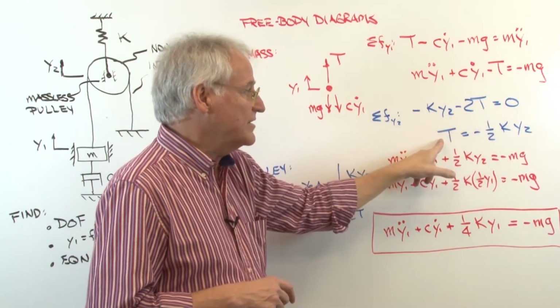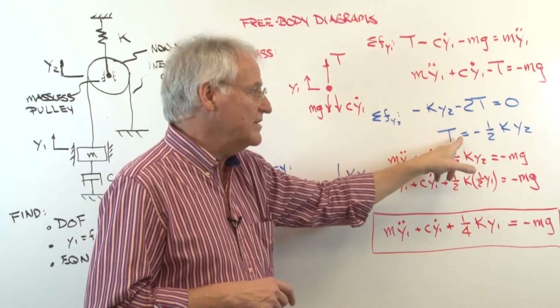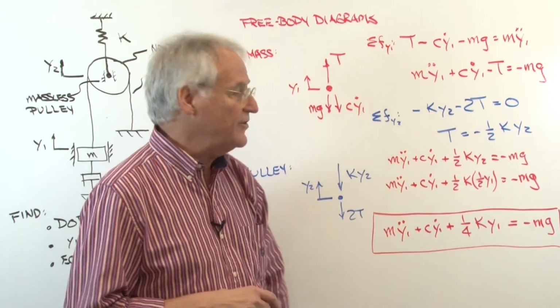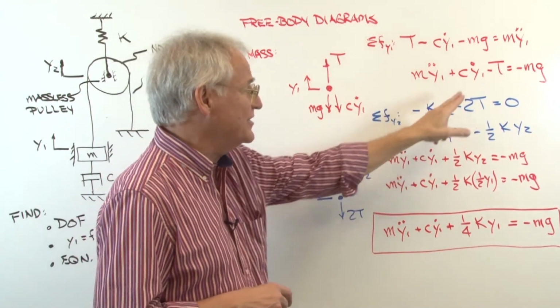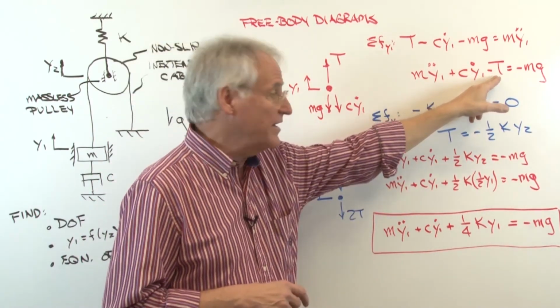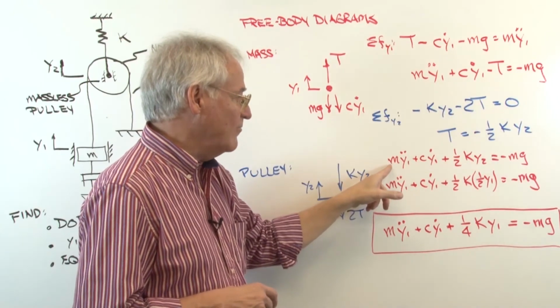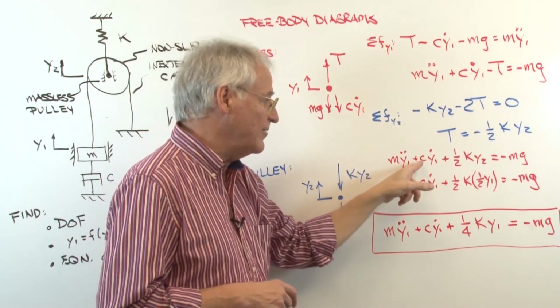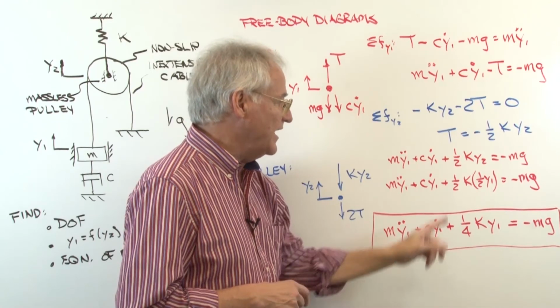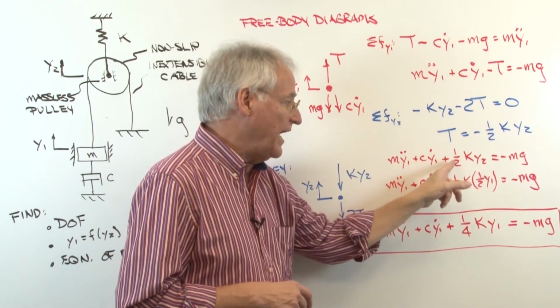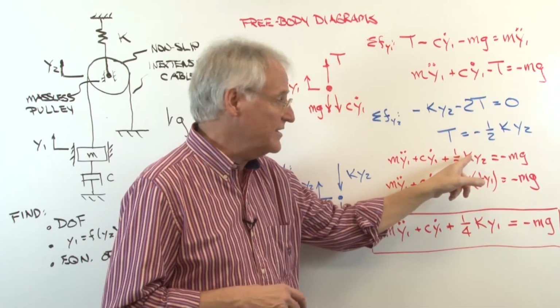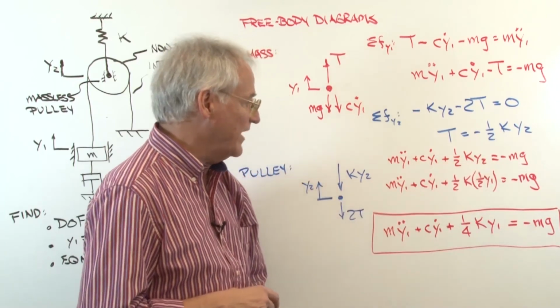Using this expression to solve for the tension, T equals 1/2 K Y2. We substitute this back up into here. We get this expression, m Y1 double dot plus C Y1 dot plus 1/2 K Y2, that's the tension, and on the other side is equal to minus mg.